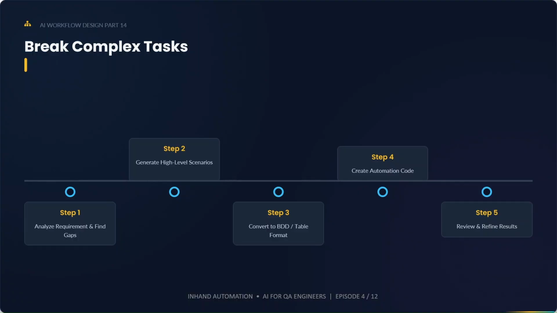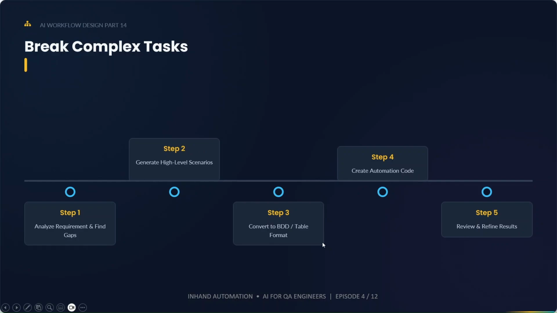Probably not, right? For complex QA tasks, breaking the work into stages can produce more manageable results. For example, if I am starting with analyzing the requirement, once this step is done, I'll go to the next step, which is identifying the missing information. Then after clarification, I'll generate the high level scenarios. Then generate the Gherkin format.